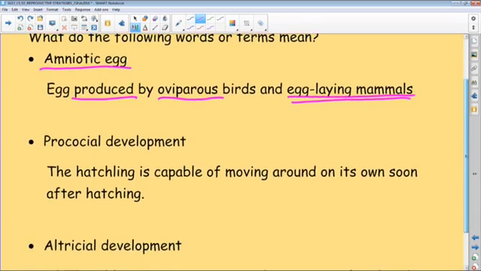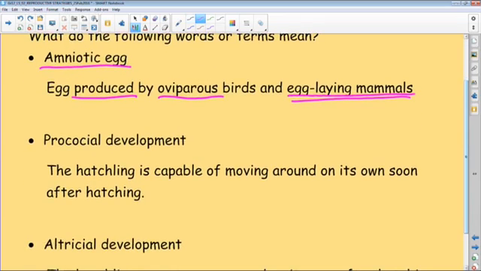Okay? The next one. Here we go. Precocial. I can never get that word right, no matter how many times I've tried it. I'm going to leave it with that. It's the development where the hatchling is capable of moving around on its own soon after hatching. Now, what does that mean?